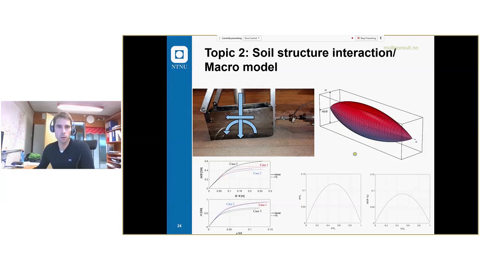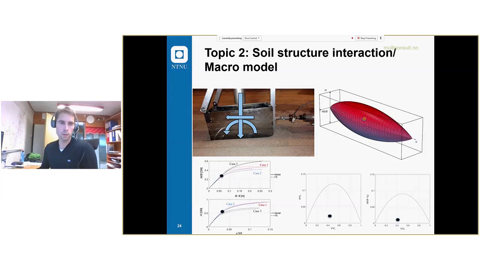If we have a load state illustrated by this point, a certain vertical load, and we then load this foundation in the VHM space, we can follow these dots, and the model will then result in nonlinear displacement, like this.